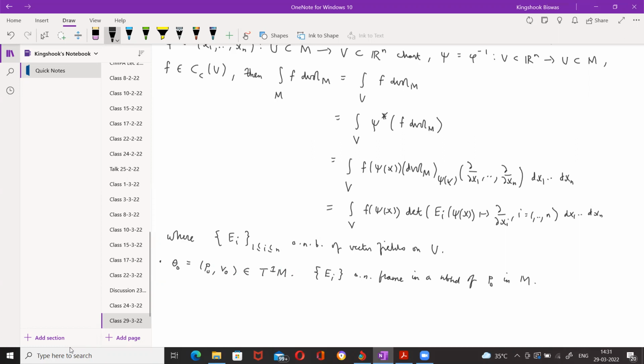And so now I take U tilde to be a neighborhood of theta naught in T^1 M. So U tilde is an open subset in T^1 M, which is a small neighborhood of theta naught in T^1 M.